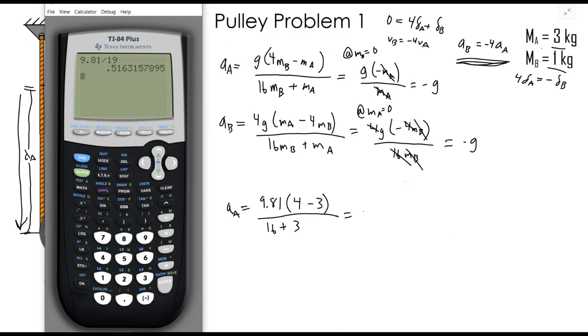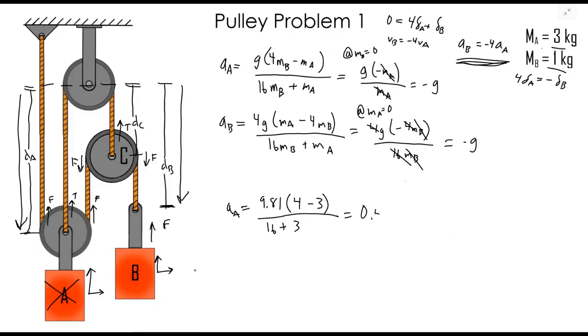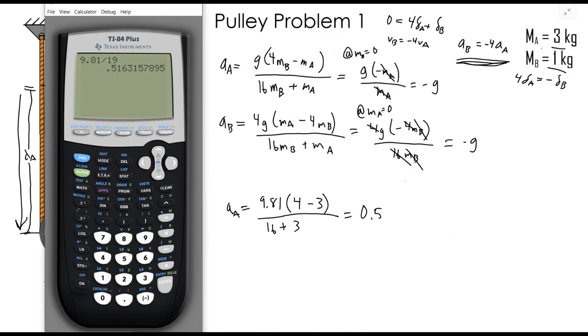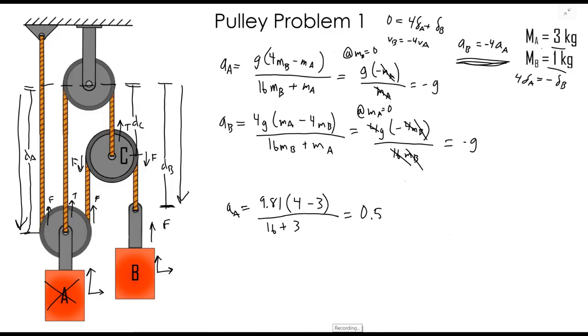So the acceleration of A is going to be 0.5163, that's going to be meters per second squared. So G is in meters per second squared, and then this is going to be kilograms over kilograms. So acceleration is going to give you acceleration in the end because the masses will cancel out.